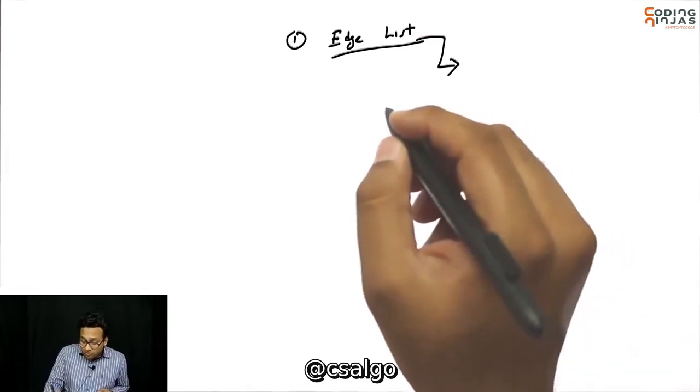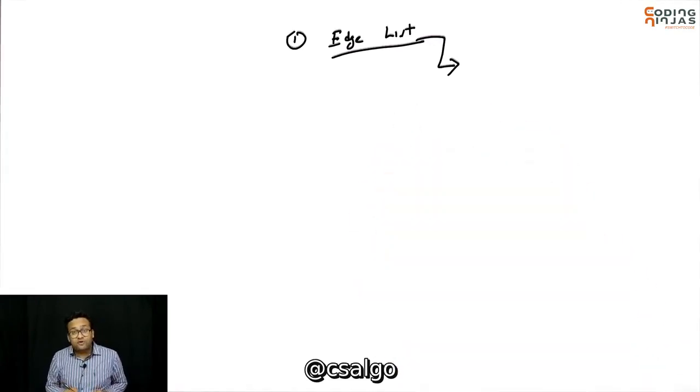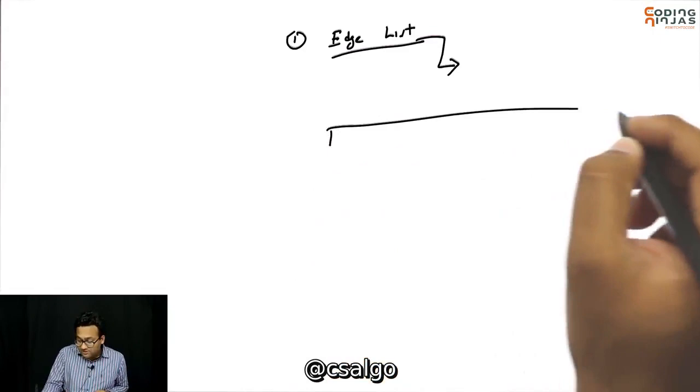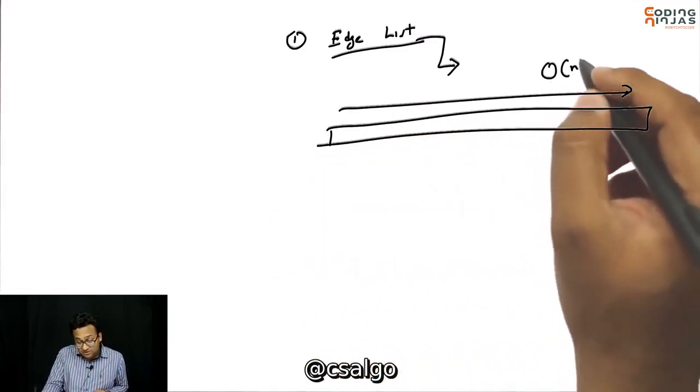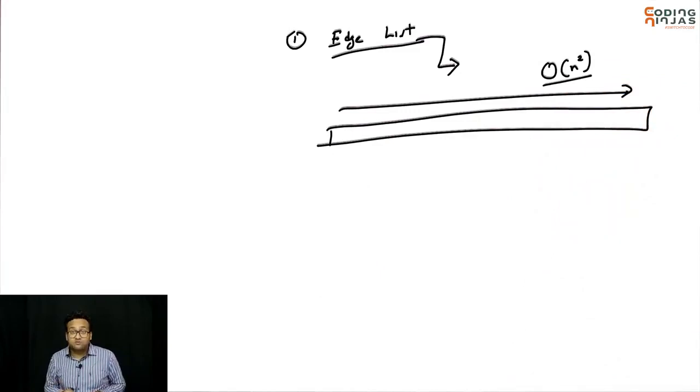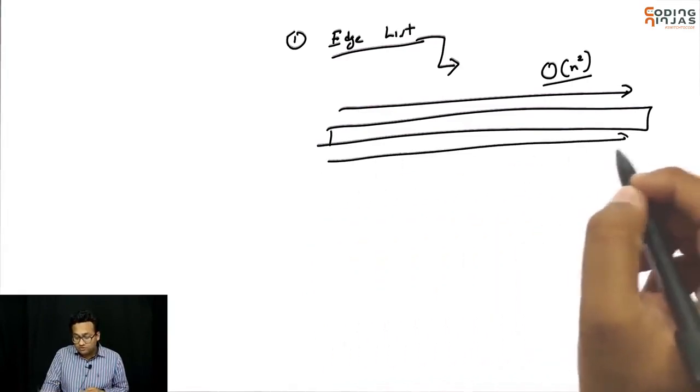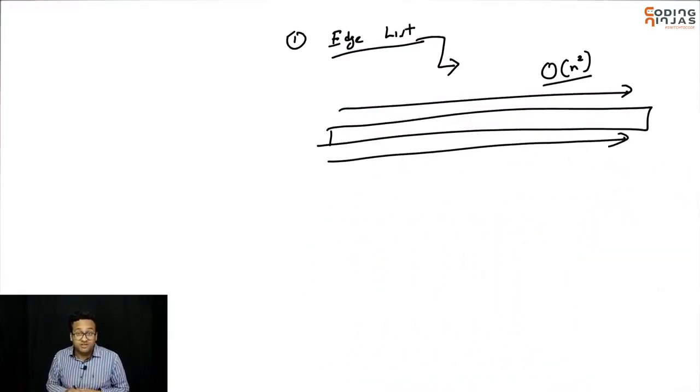Now, to answer that, you will have to go through this list of edges, which is potentially big O of n square. So you have to go through n square edges to answer a query as simple as whether two vertices A and B have an edge between them or not, which is going to be a very, very common query for us. So we'll have to go through all of these. Not a very good implementation.